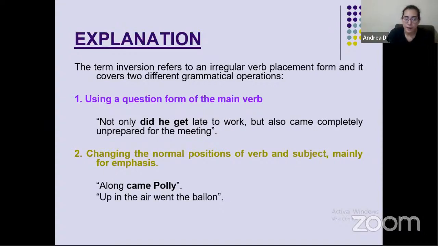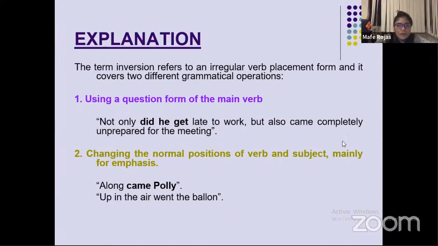So the balloon went up in the air. That's another thing you can do for emphasis, to sound more polite, more formal, but it's not that common anymore. The first one is quite common in both speaking and writing. This one here is not that much anymore. But we're going to be seeing both, starting today with this one.